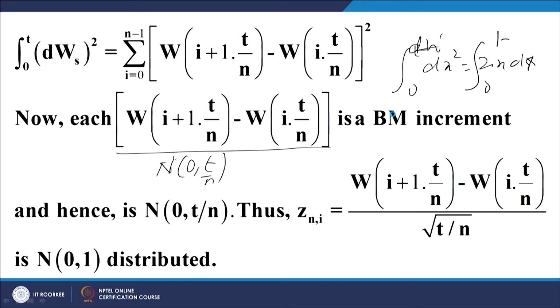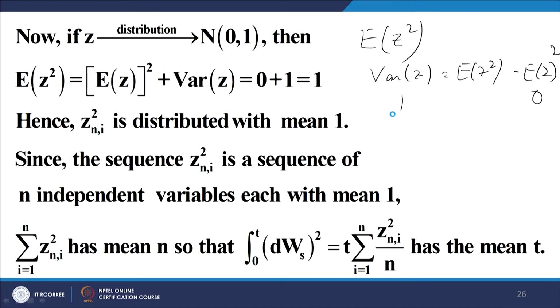This series comprises summations of squares of normal variates. Squares of normal variates of what property? We have z_i under root t upon n.